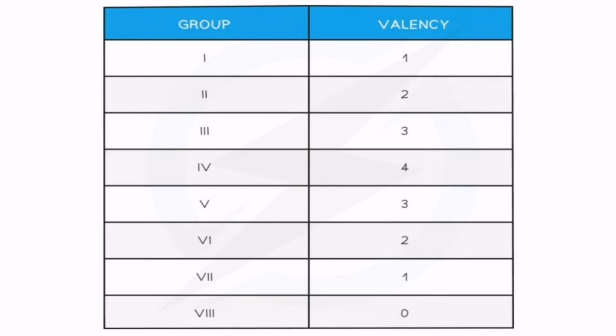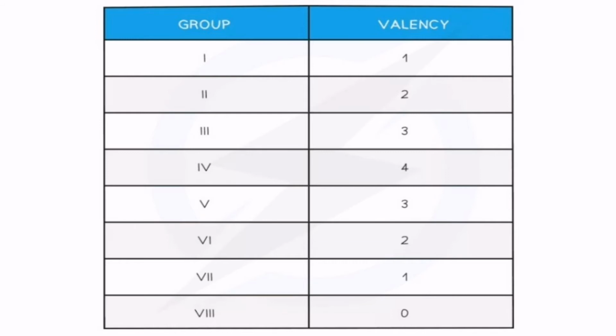So they can make 1 single bond. Then we have those elements which are in group 2, which include magnesium and calcium. Those have a combining power of 2. So they can make 2 single bonds, or they can make 1 double bond.